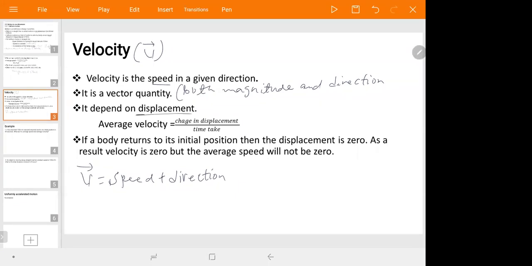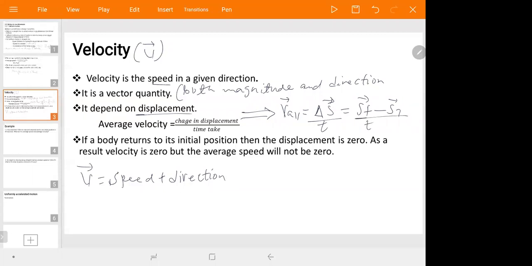For example, average velocity is equal to change in displacement over time taken, or total displacement divided by time. This delta represents change in displacement over time taken. Change in displacement means final displacement minus initial displacement over time taken.